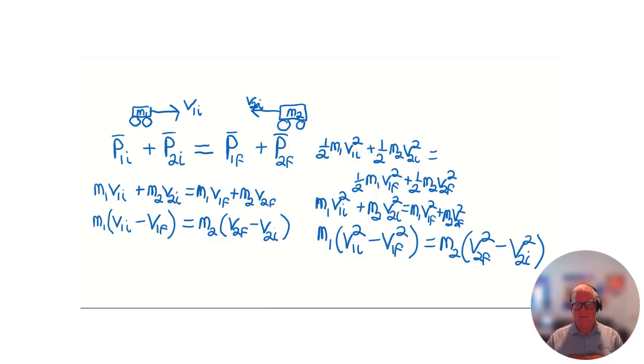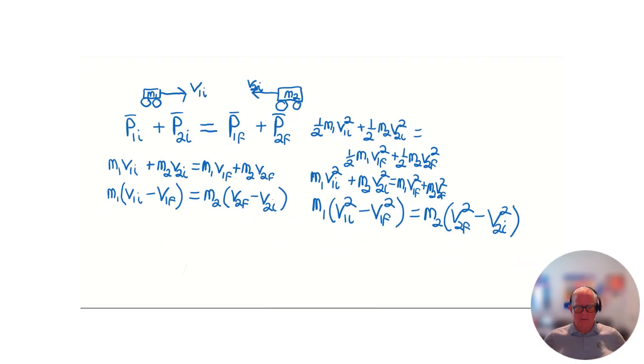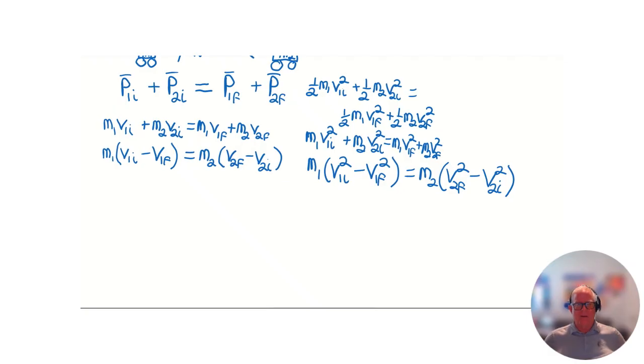What I'm going to do then is divide that equation on the right by the equation on the left, which we can do because whenever you divide equal things by equal things, you end up with equal things. And so we're going to write the equation using that algebraic formula I just mentioned.